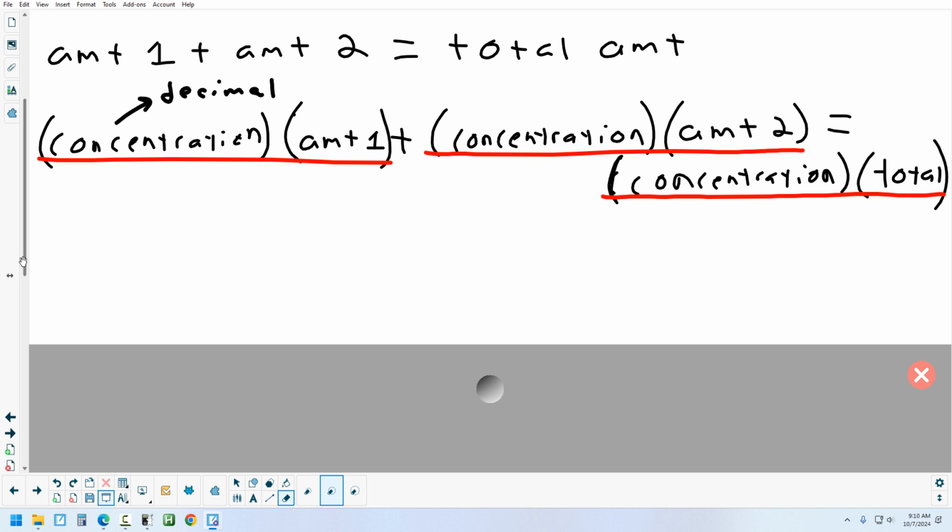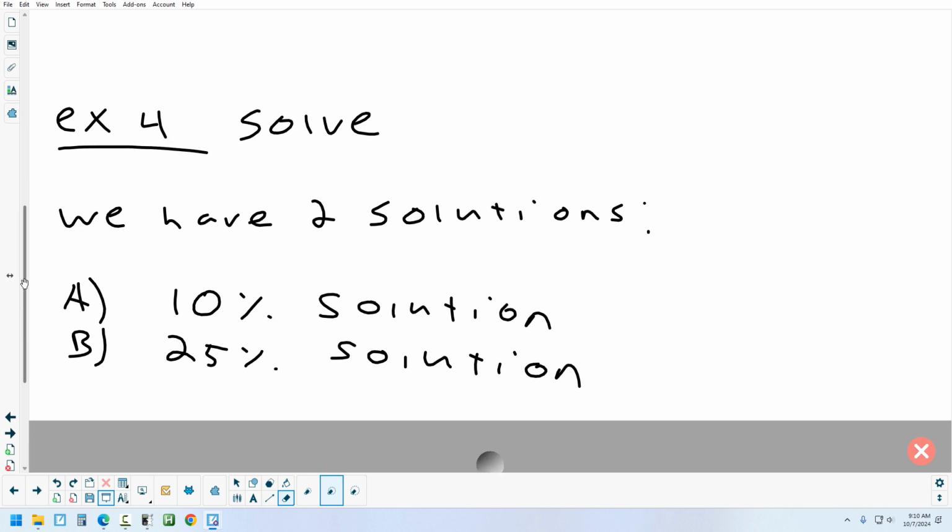All right. Everyone have those two formulas? Okay. Now let's try a problem. We have two different solutions.